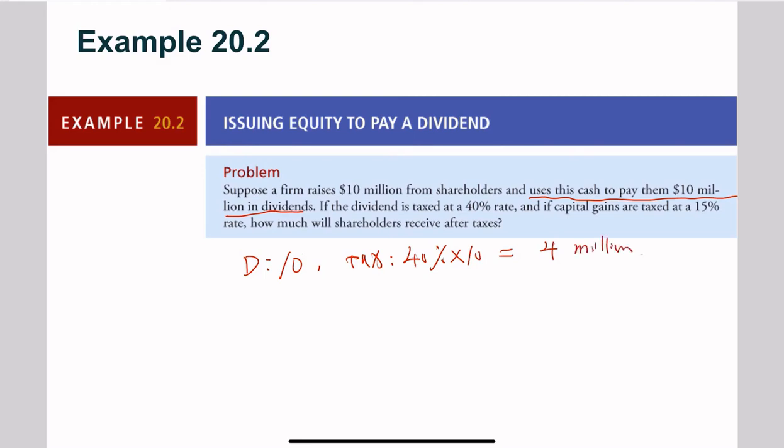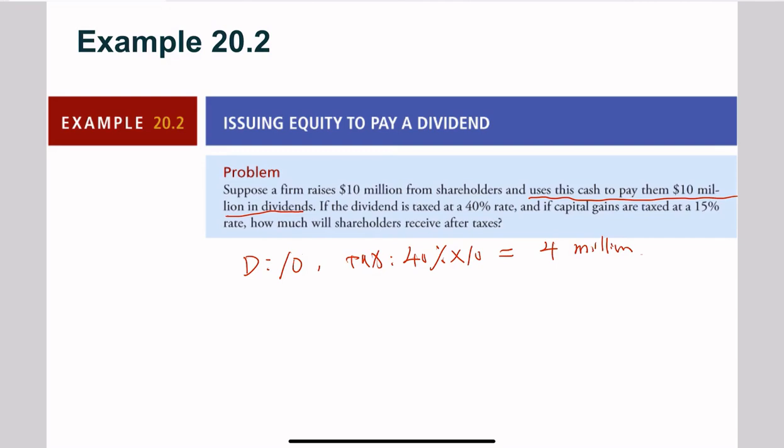Right? Now, let's think about the capital gain tax rate. Capital gain tax rate is 15%. Now, in this case, how could we use this 15% capital gain tax rate? Well, remember that in the previous lecture, we mentioned this basic result.